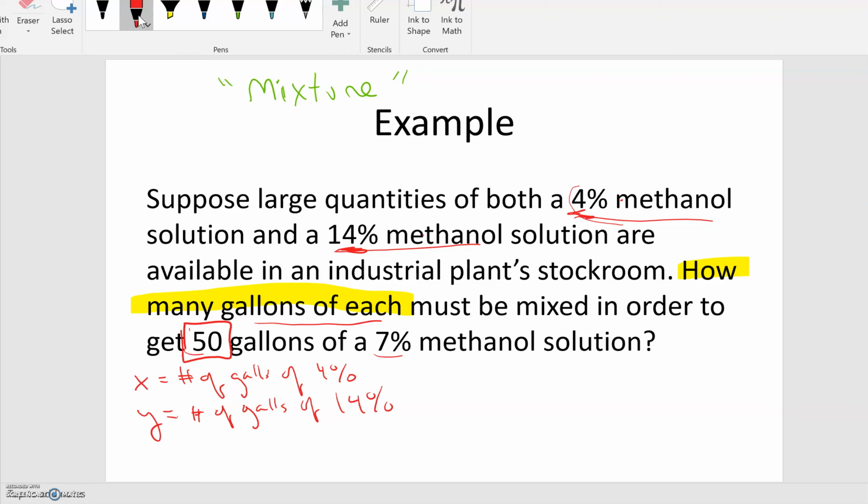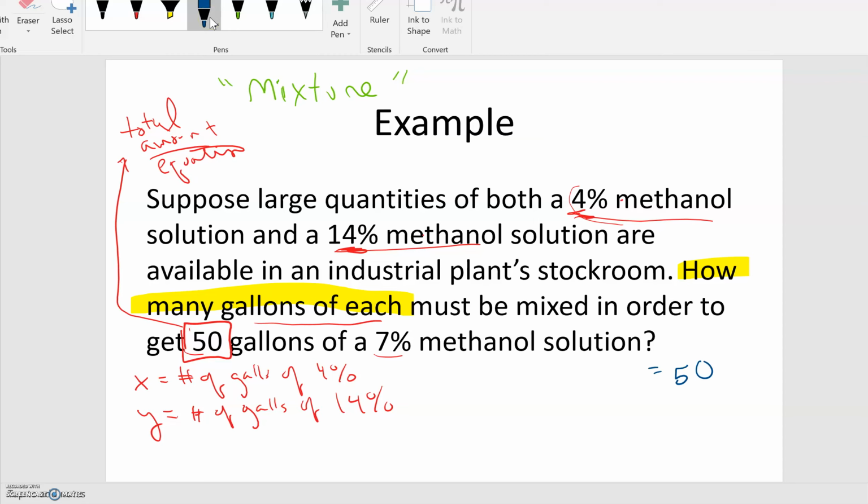So I want to get 50 gallons. So 50 is a total amount, and that gives me a clue because I can write a total amount equation, and my total amount equation is going to say I want to get 50 gallons of stuff, and it's going to be comprised of X gallons of the 4% and Y gallons of the 14%. So there you go, there is one equation written already.